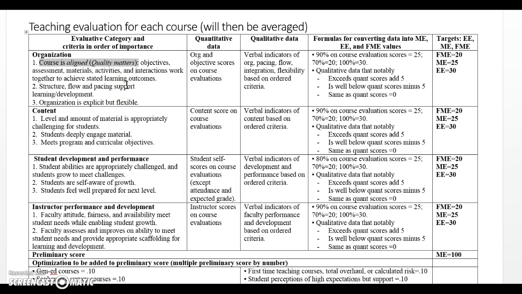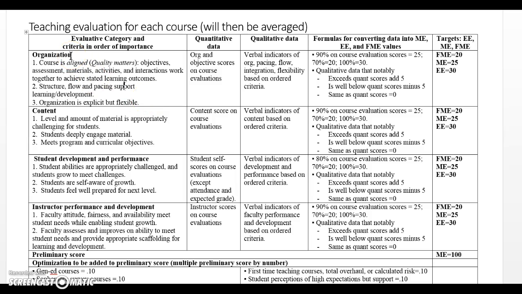Quality Matters is an online rubric, but they're excellent at explaining how you align the objectives, assessment, materials, activities, and interactions all to meet learning outcomes. So that's the first criterion for organization. The second criterion is structure and flow, and the third is organization is explicit but flexible.